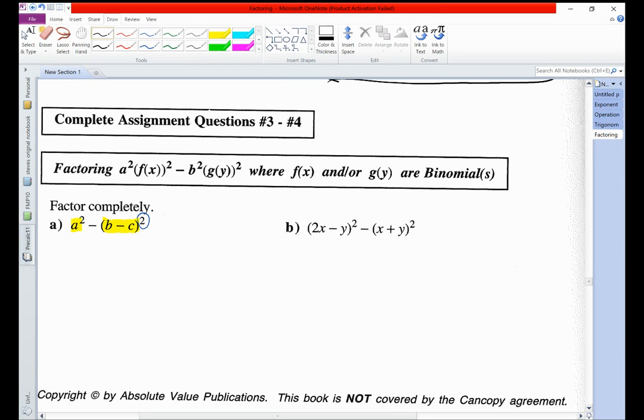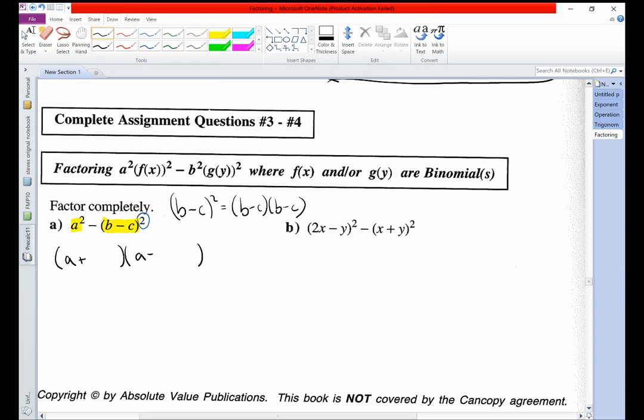Right? We know if I were to rewrite b minus c squared, it would be b minus c multiplied by b minus c. So now we can do this the same way as we would do everything else. To get a squared is a times a, one's a positive, one's a negative.